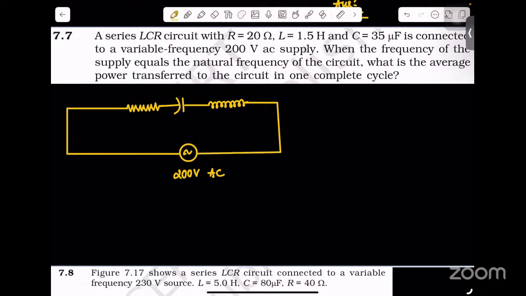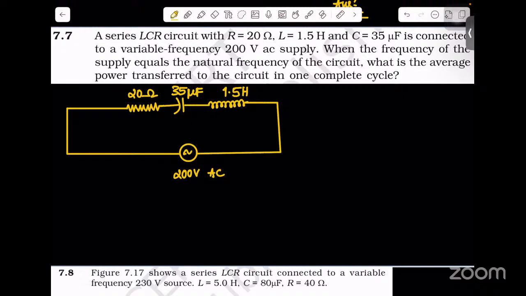So a 200 volt AC supply, and we have the resistor as 20 ohms, the capacitance as 35 microfarads, the inductance as 1.5 H. It's not milli H, it is H. Okay.